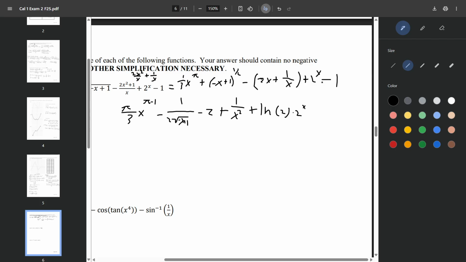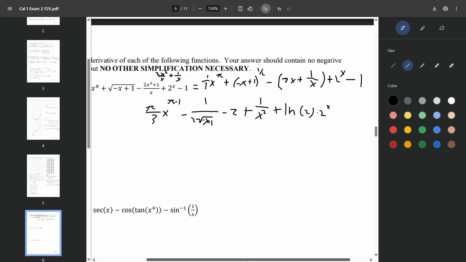And the derivative of the exponent in this case is just 1. So this is our answer for this part. And the last part we just exclude, because the derivative of a constant is 0. So this is our answer for question A.